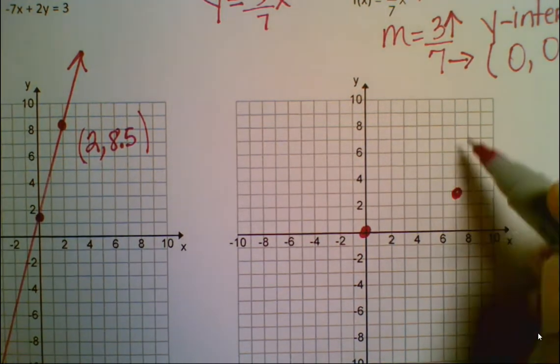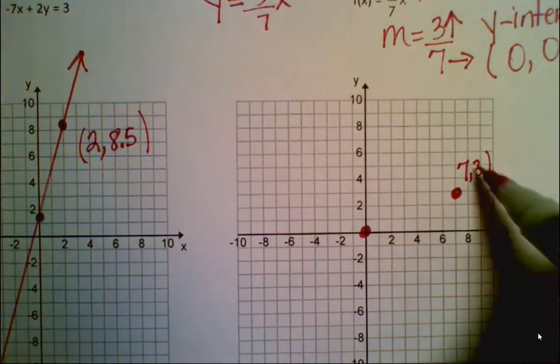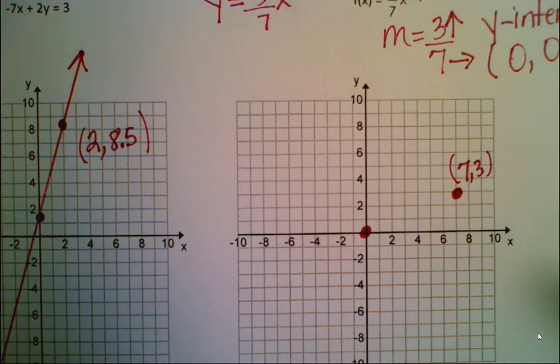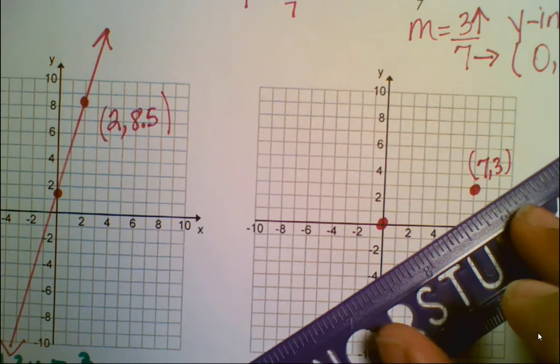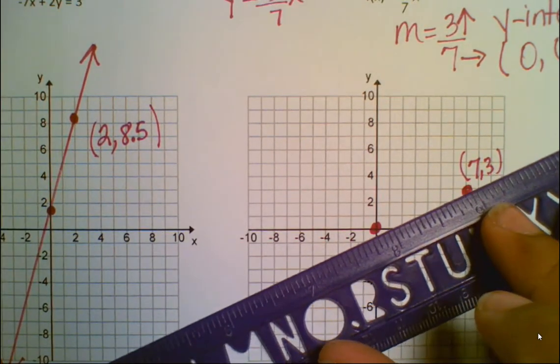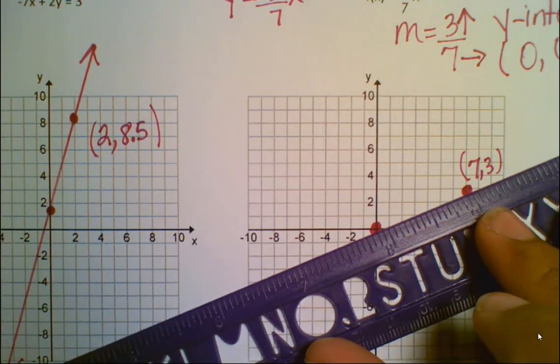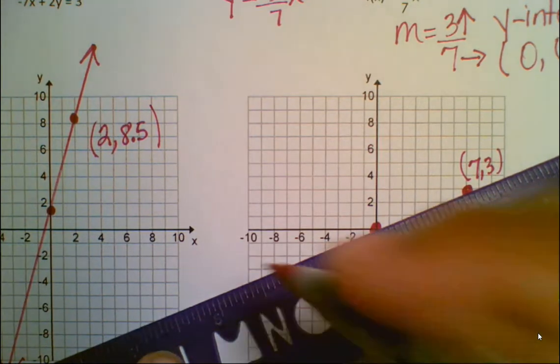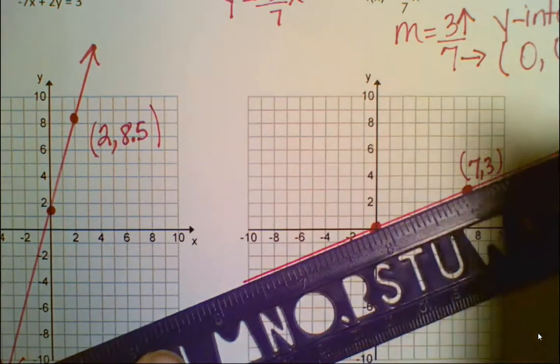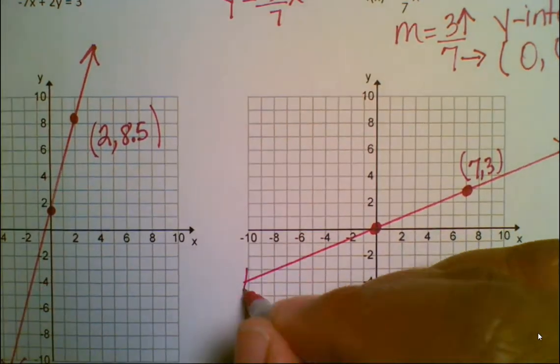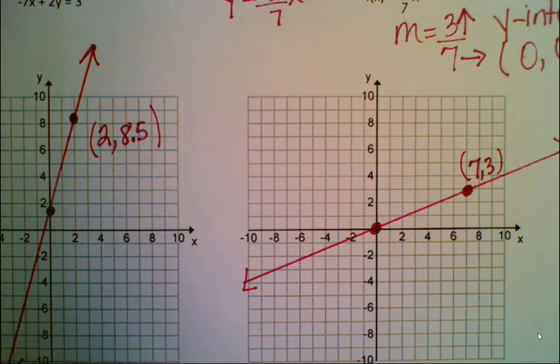So our next point is at 7, comma 3. And then we connect. And there we go. We have our line.